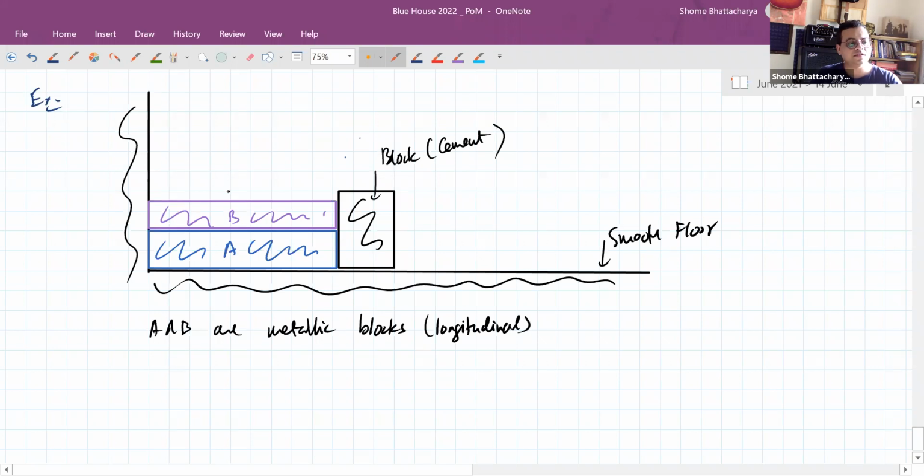So both have a natural length equal to 2 meters, but A and B are made of materials of different Young's modulus.